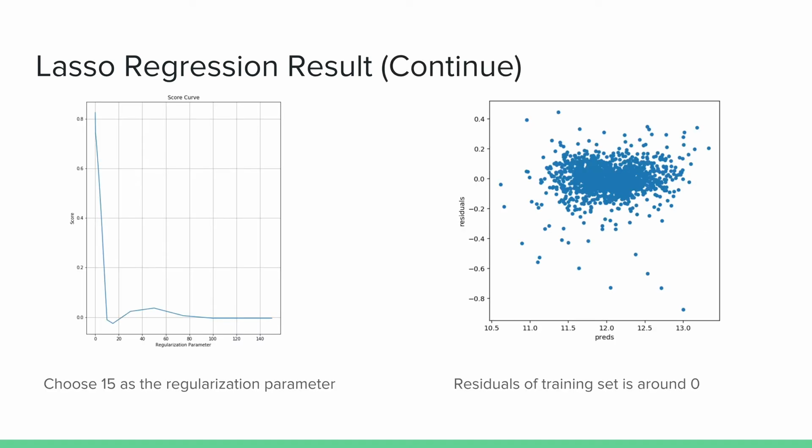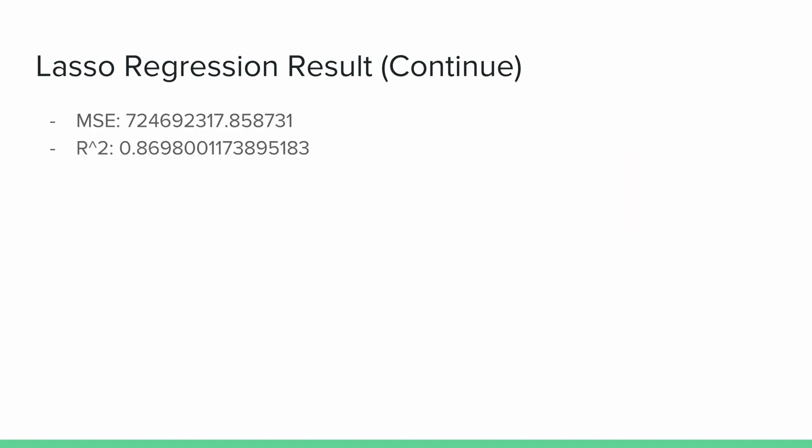The proper lambda is 15 from the left plot, and from the right residual plot, the residual is around 0 after normalizing, so the model gives a good performance. The mean square error of lasso regression is still huge, with similar reasons to the ridge regression. Lasso can explain around 86.9% of the data, which is slightly better than ridge regression.